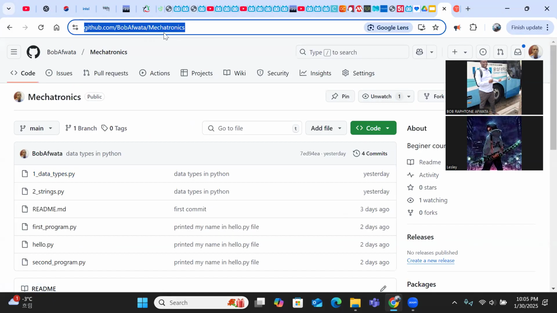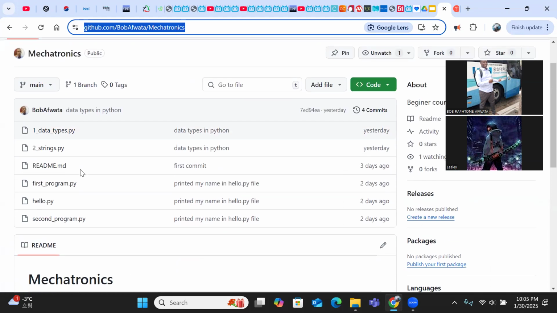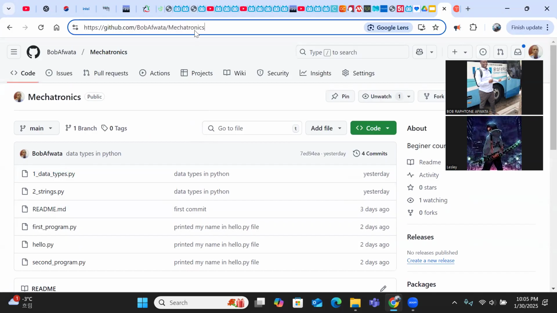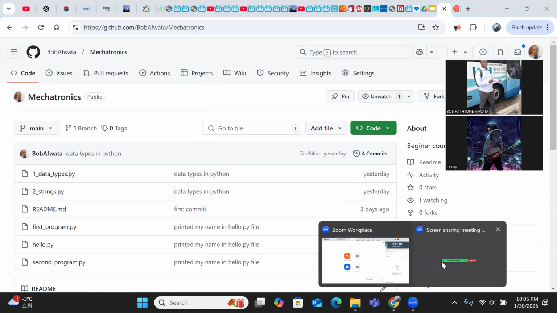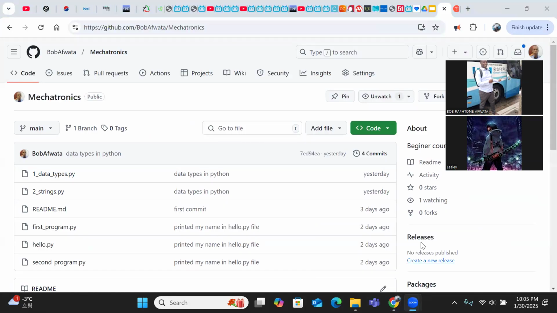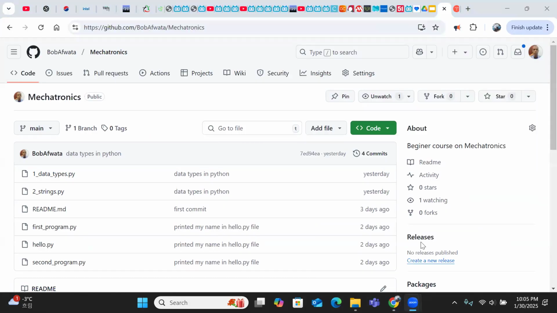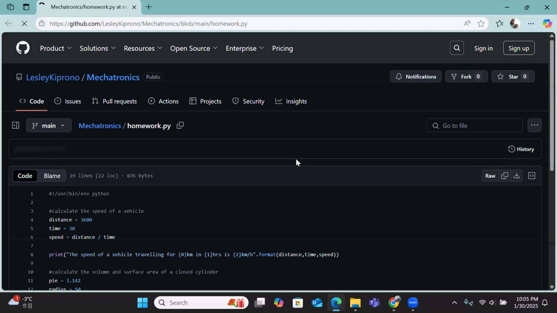Then go to the chat and paste it there. There it is. Okay, great.